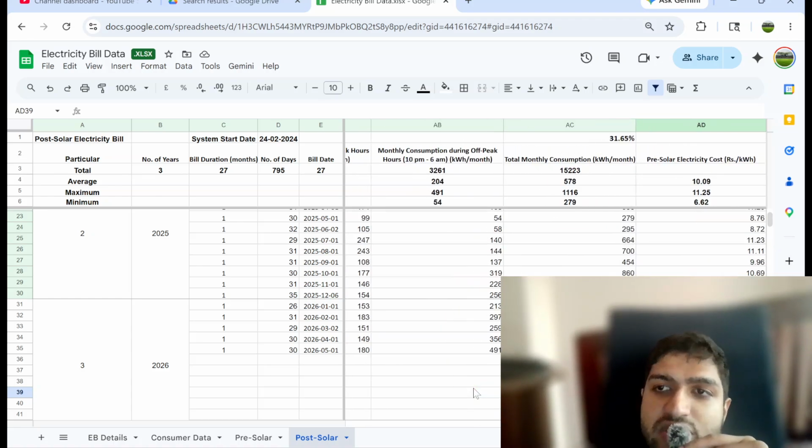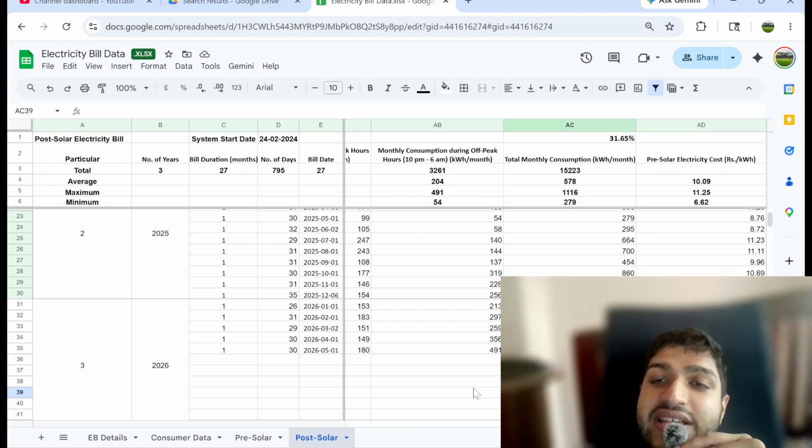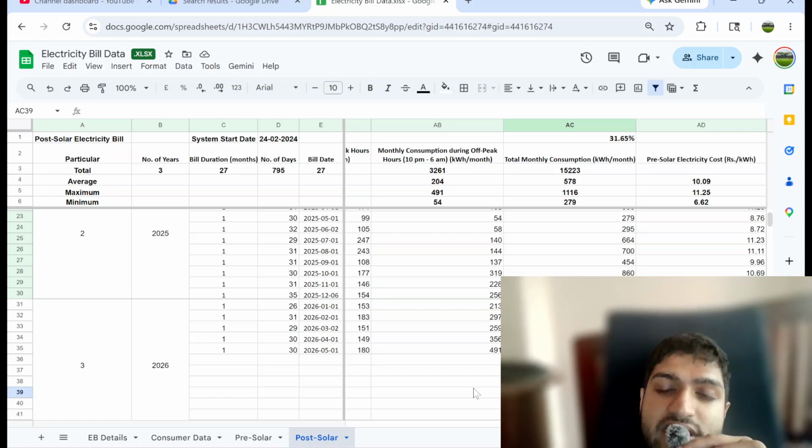But my consumption, meanwhile, has increased from year 1 to year 2 by 31.65%. It has been at the lowest of 279, whereas the highest has been 1116 units. So that has been the range.